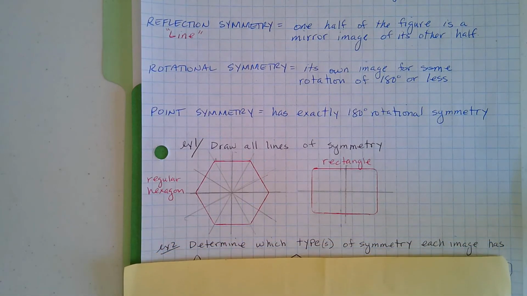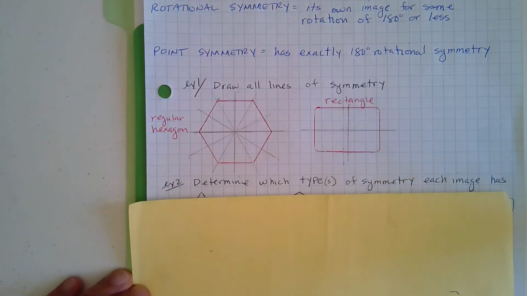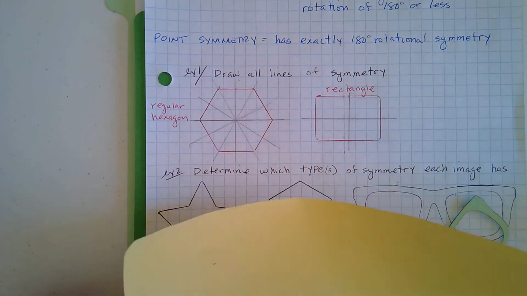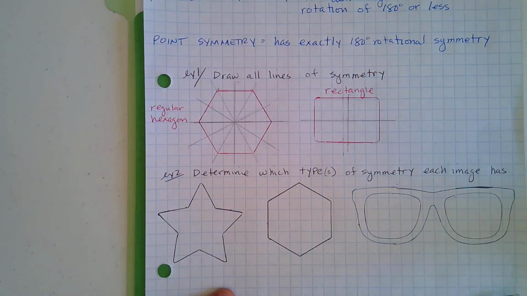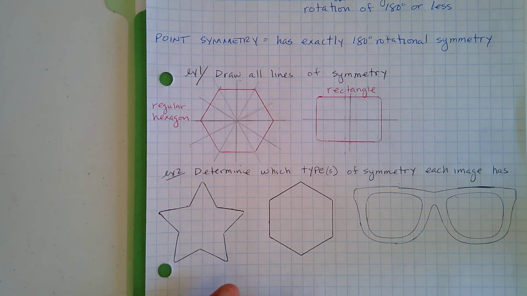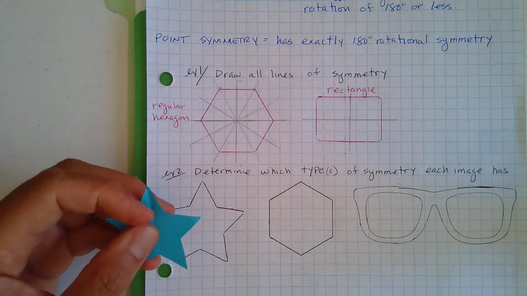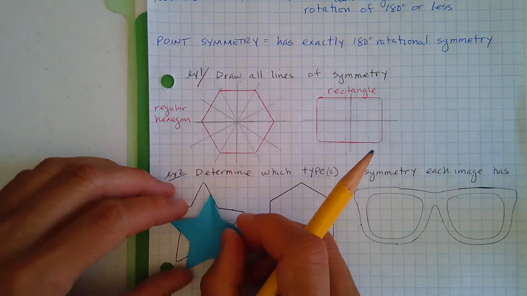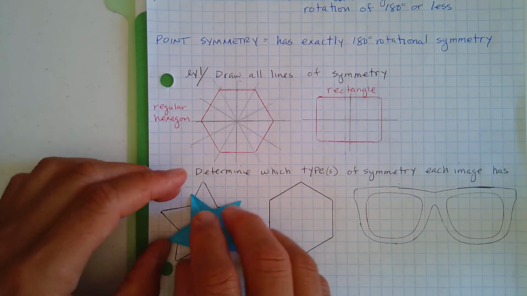Alright, example 2. It says determine which types of symmetry each image has. So let's take a look at this star here. First, I know the star.